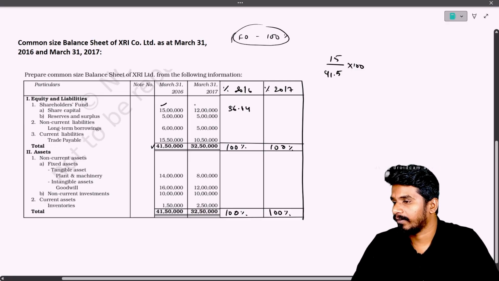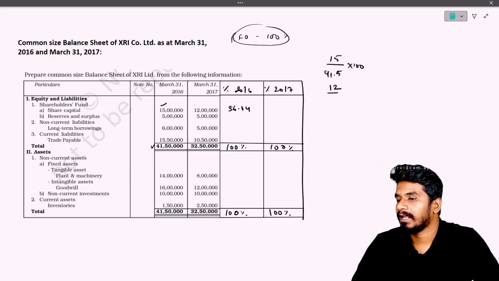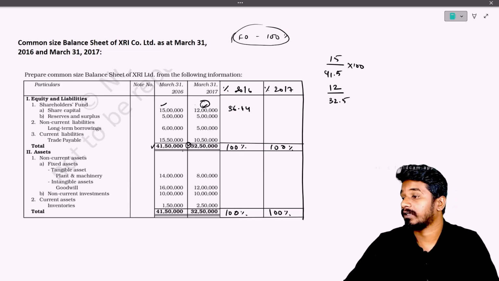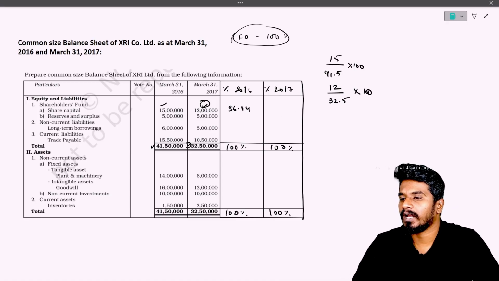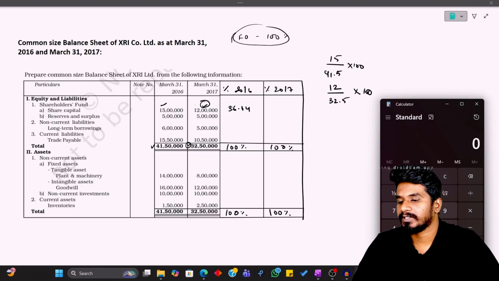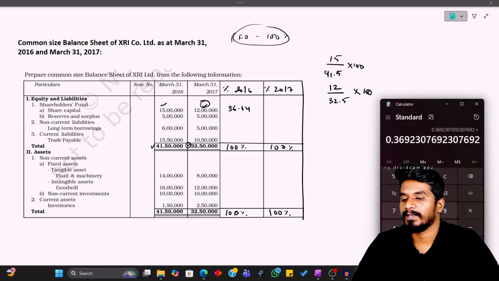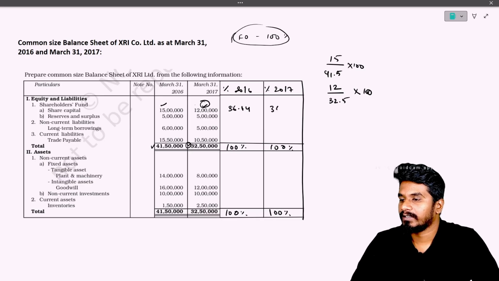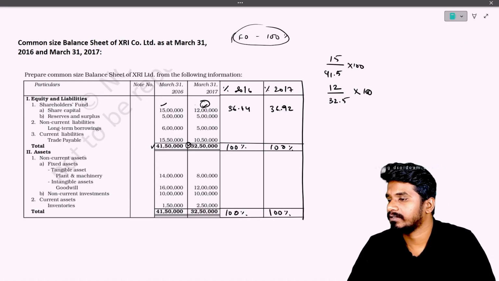Same for this also. 12 lakhs divided by 32.5. Whatever the given amount is, you need to compare it with the total liability. 12 divided by 32.5 into 100. The remaining ones you can quickly calculate. It is 36.92. The same format, nothing changed.